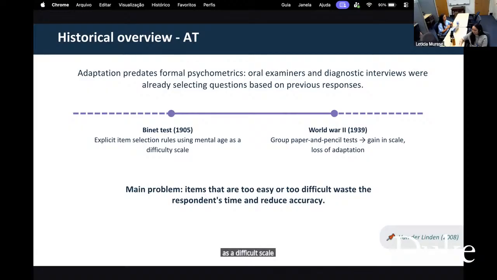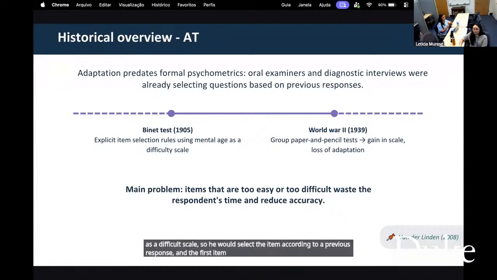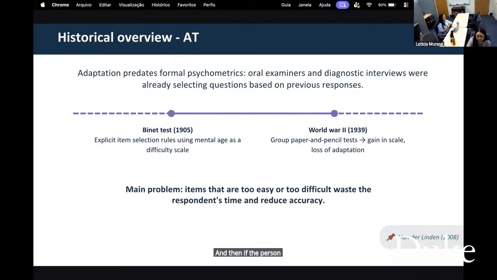So he would select the item according to a previous response, and the first item was selected according to the person's mental age. And then if the person got, I think, 5 questions wrong, the test would stop.